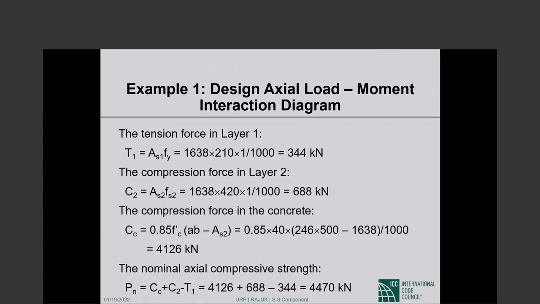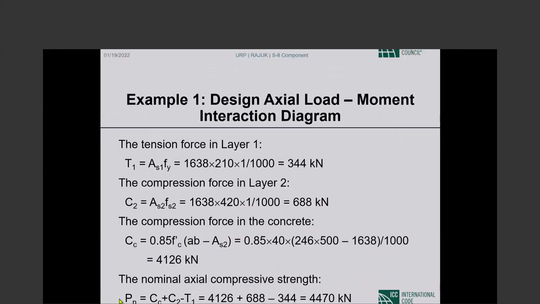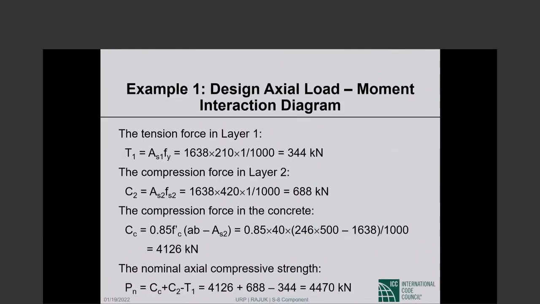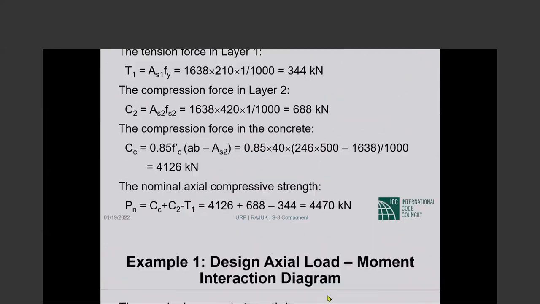The compression concrete, so tension steel force, the compression steel force, the compression concrete force for the calculated value of a, is 4126 kilonewtons. So the axial load, P sub n, is the two compressions minus the tension, and that comes to 4470 kilonewtons.